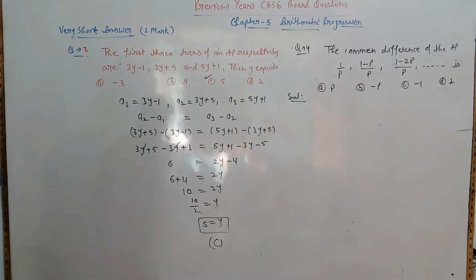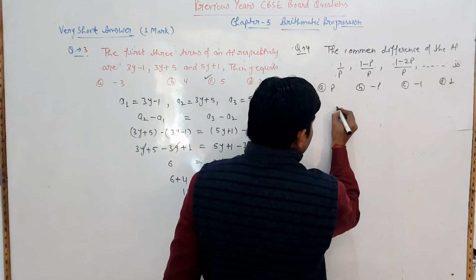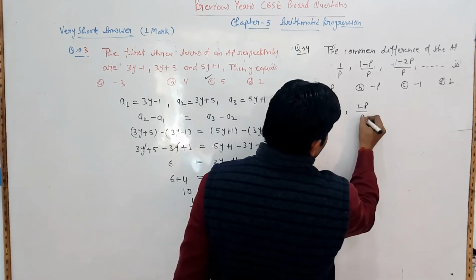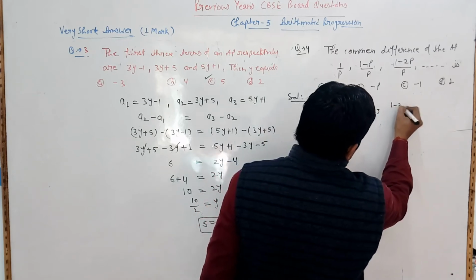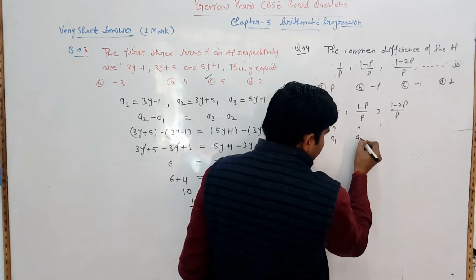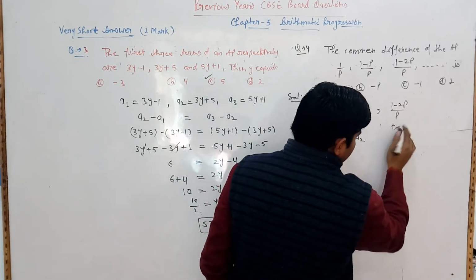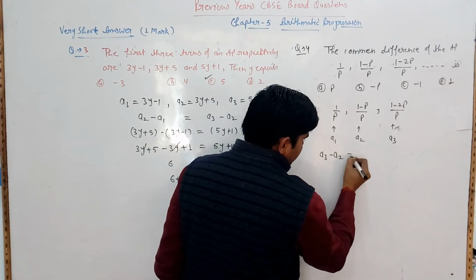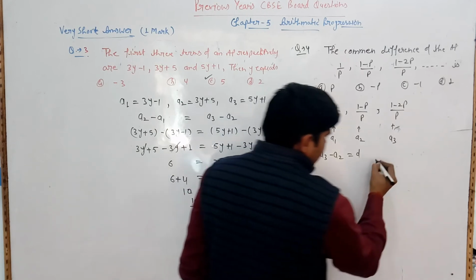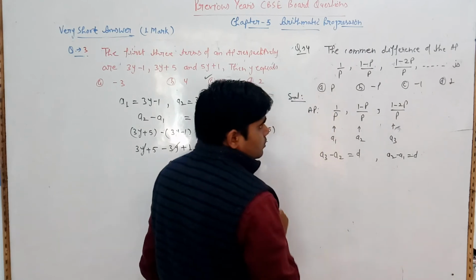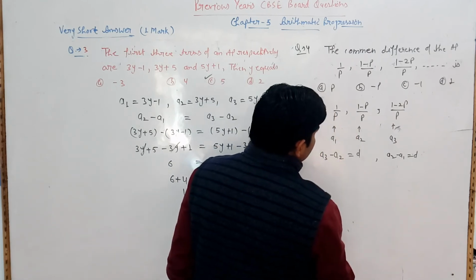All these three terms are in AP. So here an AP is given: 1 by P, 1 minus P upon P, 1 minus 2P upon P. So the first term is A1, then A2 and A3. A3 minus A2 is equal to D, or you can say that A2 minus A1 is also D. You can write either.